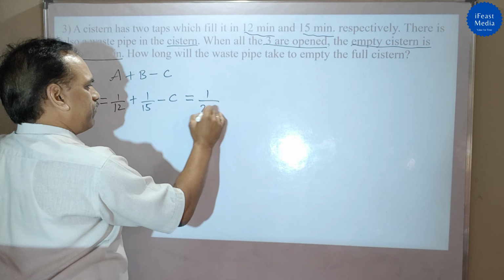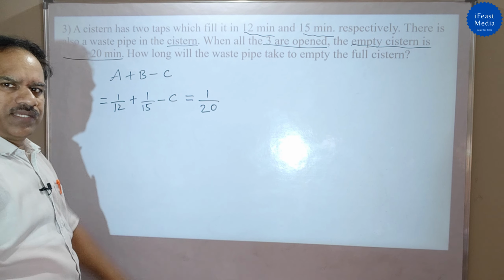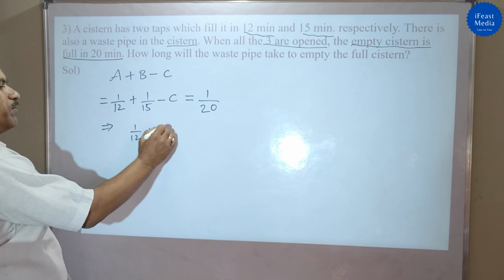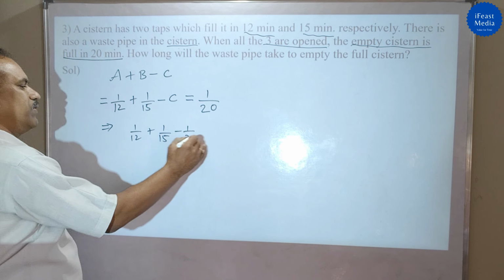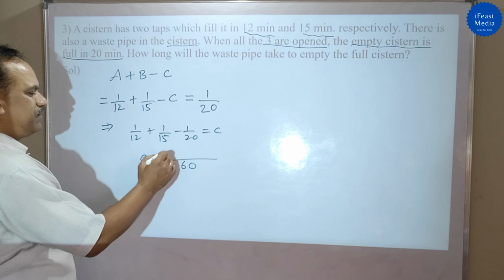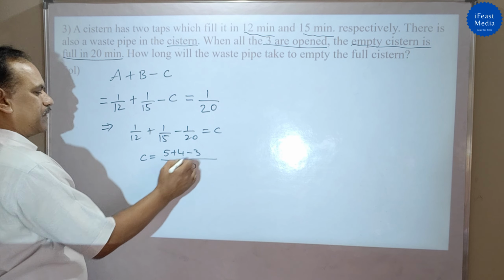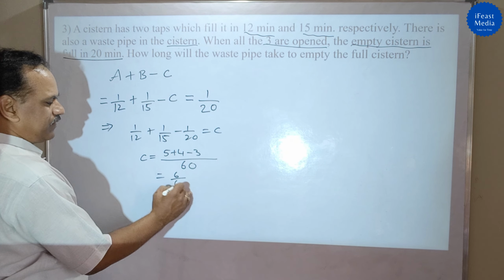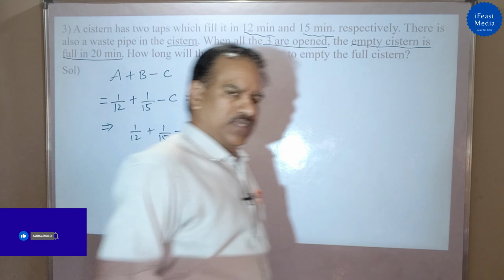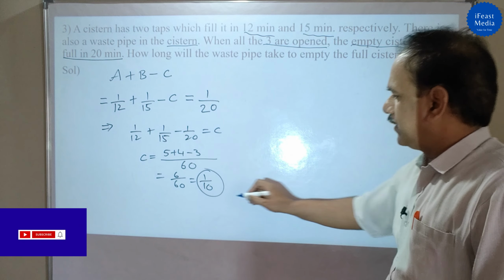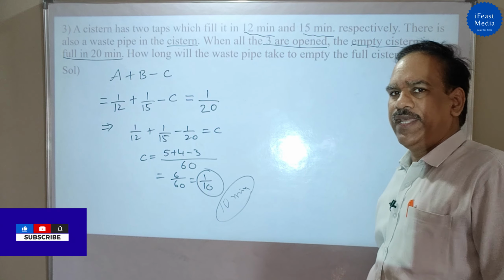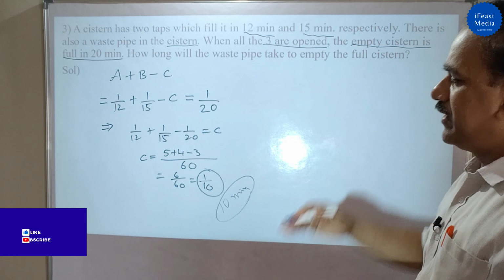You solve this, you will get 1/12 plus 1/15 minus 1/20 equal to C. So C, with LCM 60, is 5 plus 4 minus 3, 6/60, it is 1/10. You take the reciprocal of this, it is 10 minutes. So the waste pipe can empty the tank in 10 minutes.